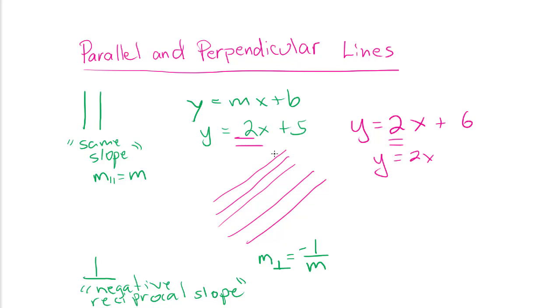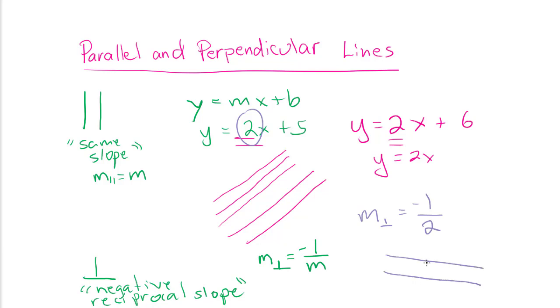So let's see an example of what that might be for a particular line. y equals 2x plus 5. Let's start there again. What is a perpendicular line to that line? That would have a slope of m perpendicular equals negative 1 over the slope of the line, which is 2, so negative 1/2. And that line would be essentially something like that.